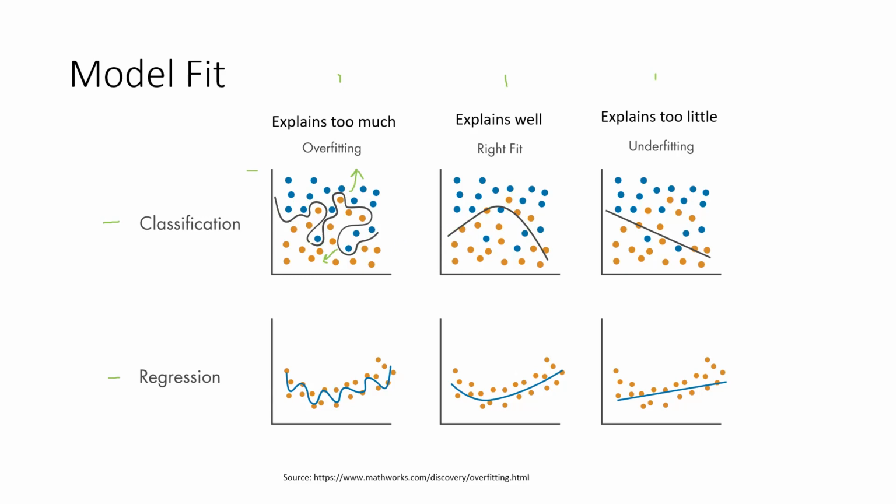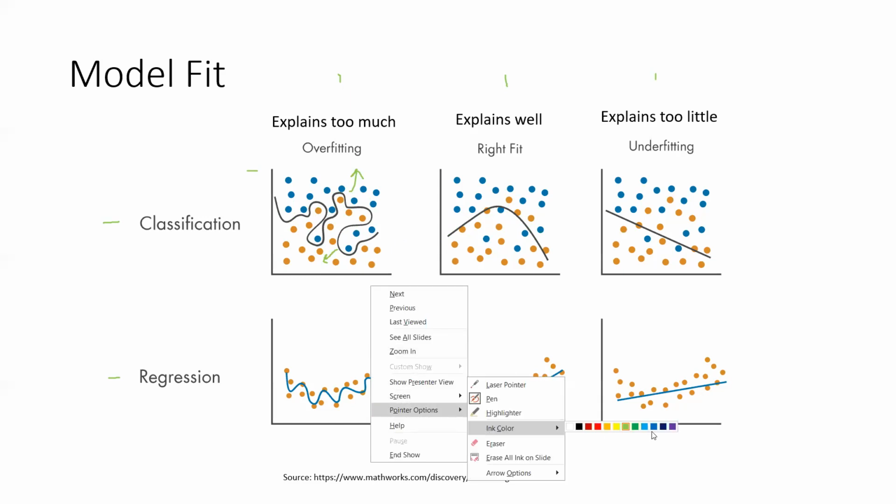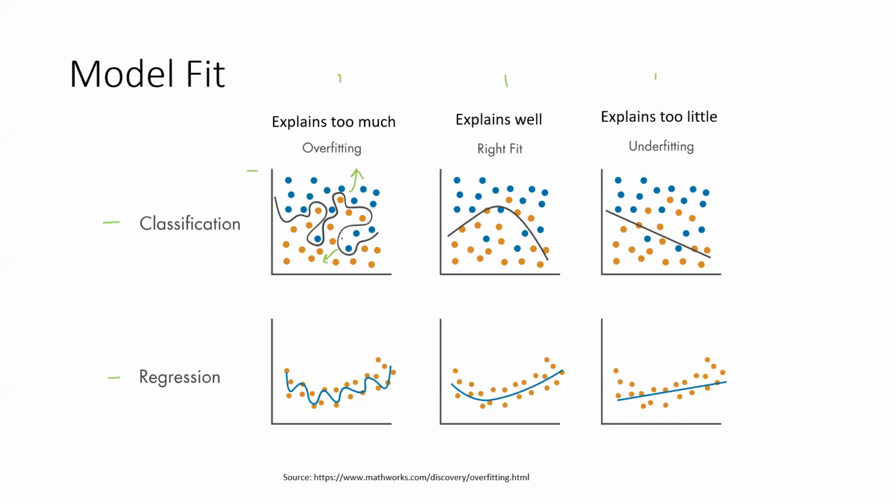Because once you have developed a model like this, when you have real world data, say you want to classify a new orange data point, somewhere here. If you have used the model like this, it would be classified as an orange dot.